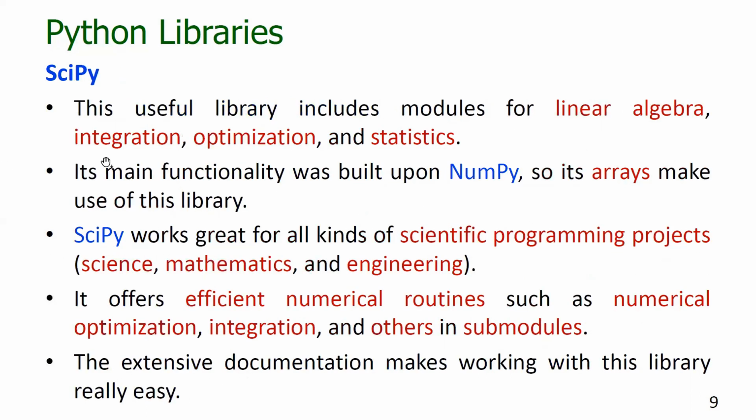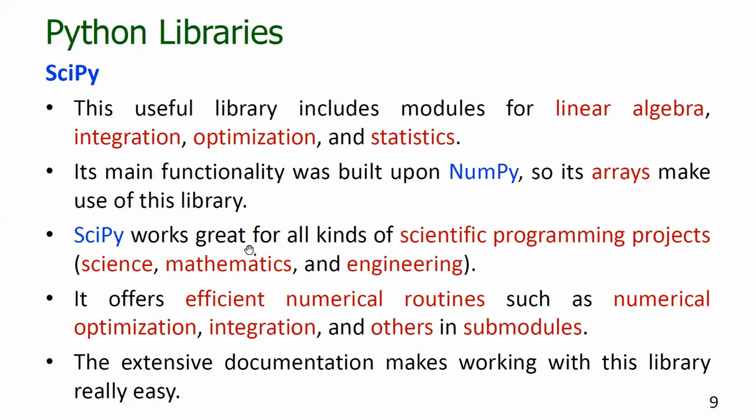Then the next library is SciPy. This useful library includes modules for linear algebra, integration, optimization, and statistics. Its main functionality was built upon NumPy, so its arrays make use of this library.